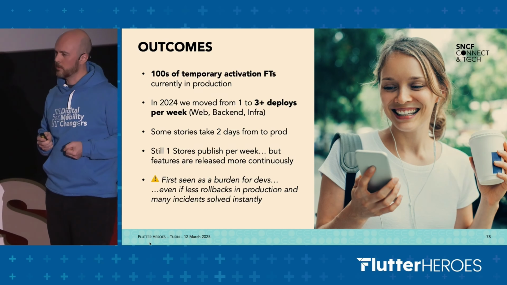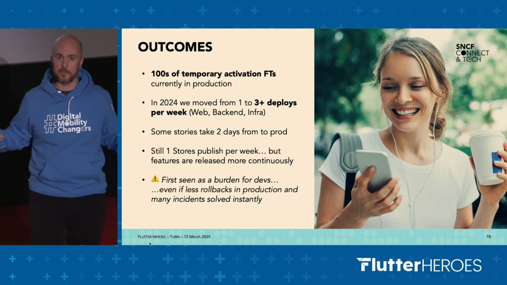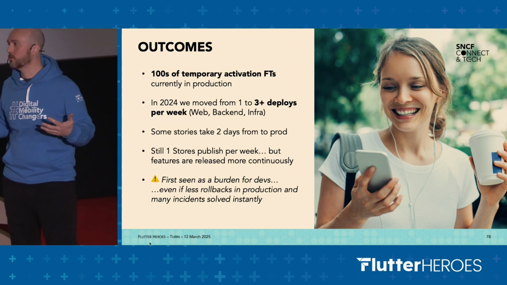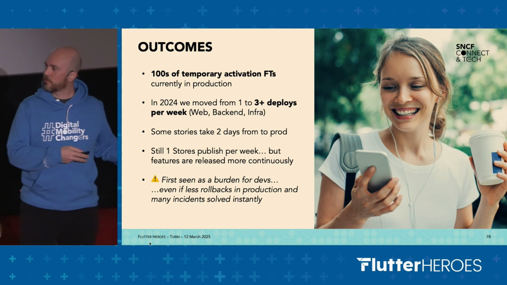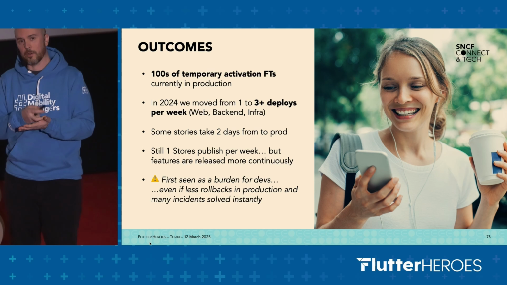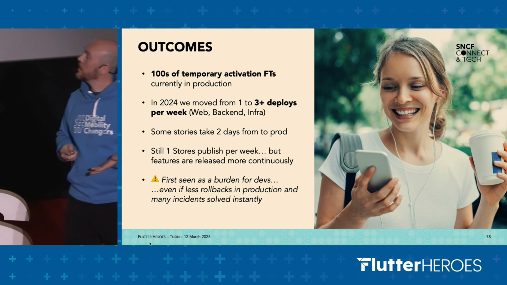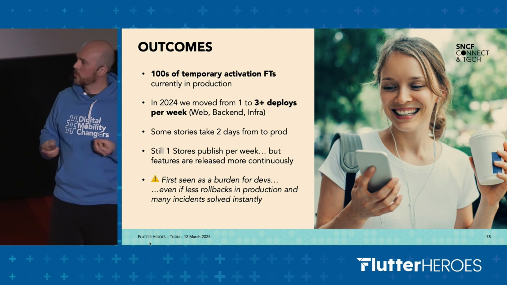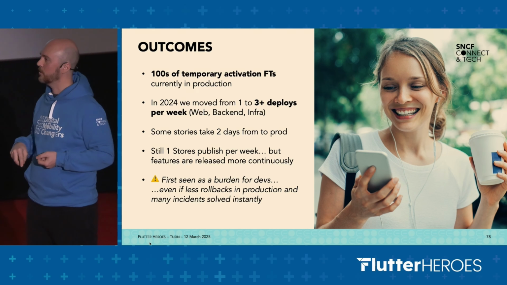What was the result of that? At the end of the year, we now have hundreds of these temporary activation toggles in production. We have been able to move from one major release per week to 3 and more per week, so that was great. Sometimes we even see stories which go from development to production in 2 days or less.